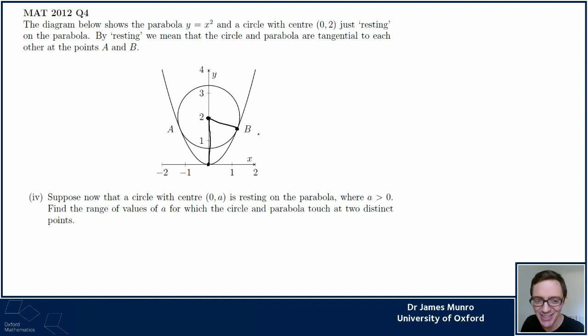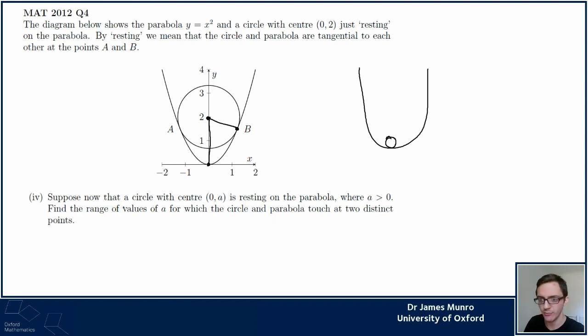I need to find the position of B in terms of A, find the distance from the centre of the circle to B in terms of A, and then for those points to be like this picture in the question, rather than like this for a very small circle, I need the distance there to be less than the distance down to the origin.